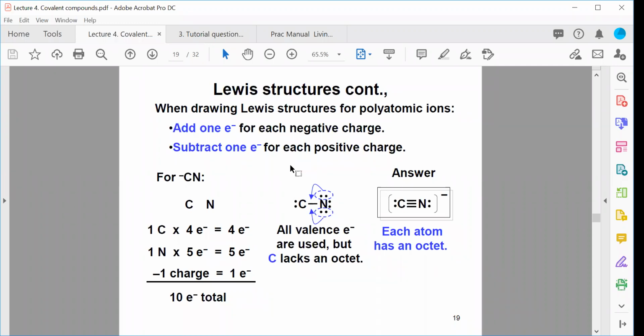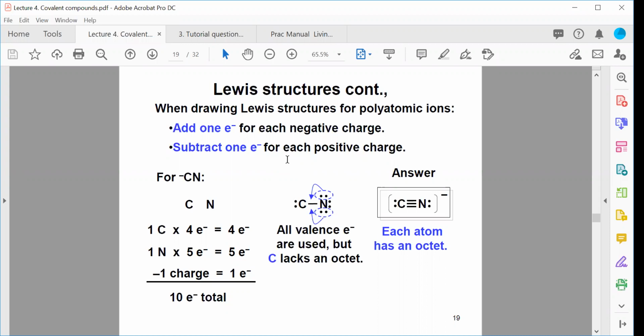Okay, positive charge, monatomic bonds, ionic bonding. Okay, all right, good tries, we're not there yet. What type of bond holds the atoms together in a polyatomic ion?